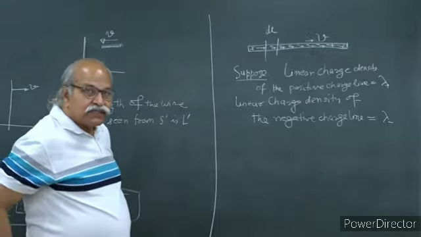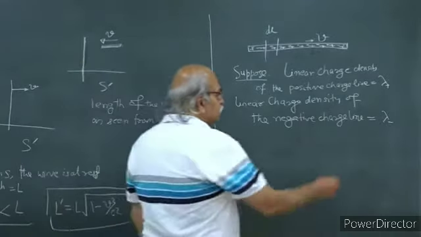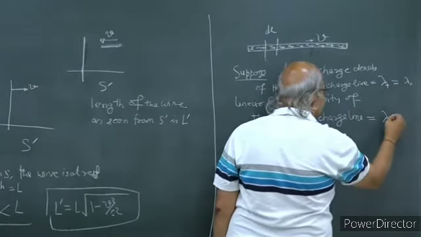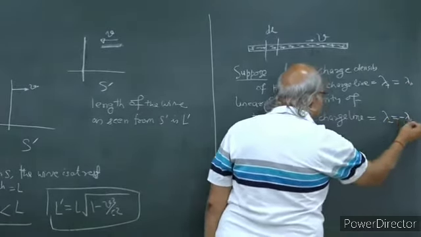And also suppose these magnitudes are the same. So this is, let us say, lambda naught and this is minus lambda naught, so that the wire is neutral.